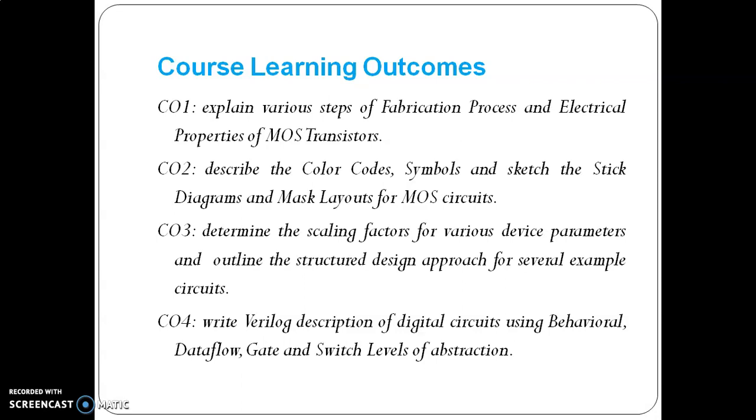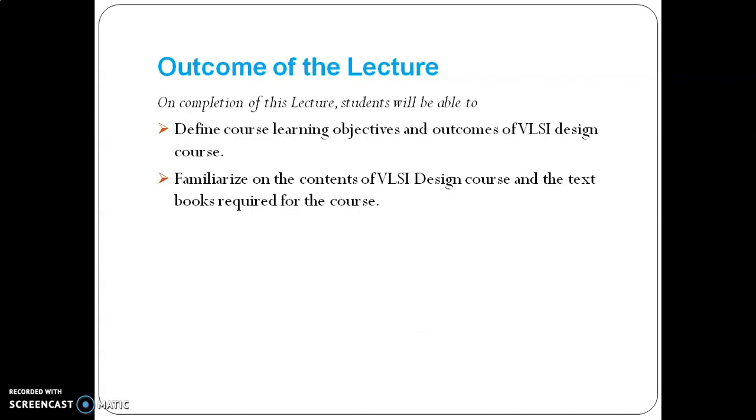On the completion of the third unit, the students will be able to determine the scaling factors for various device parameters and outline the structured design approach for several example circuits. On the completion of the fourth unit, the students will be able to write Verilog descriptions of digital circuits using behavior, data flow and switch levels of abstraction. So these are the course learning outcomes of the basic VLSI design course.